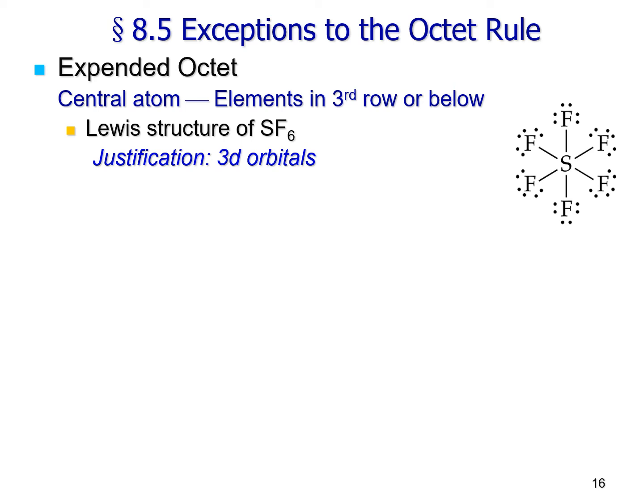So those empty orbitals in the 3d subshell can accept electrons to go into them. In other words, for elements that have the capability to have a d subshell, expanding the octet becomes the reality.